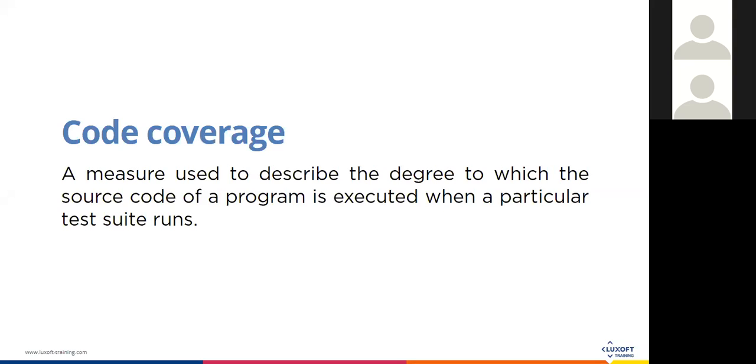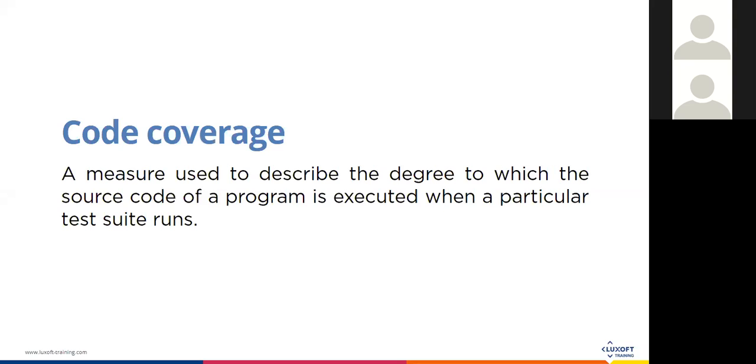What tells us that we have good tests? Where may we find a metric that will tell us that we have good tests? A first metric is called code coverage. It tells us to which degree we have covered the source code with our tests.